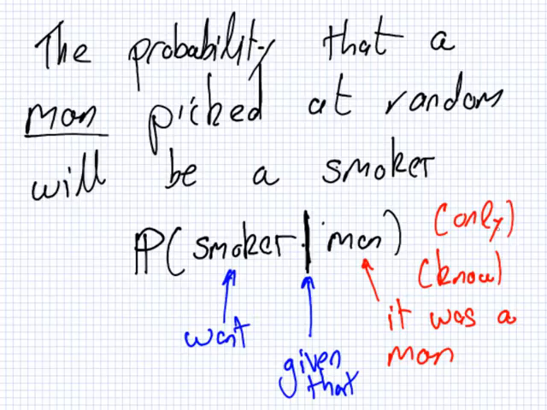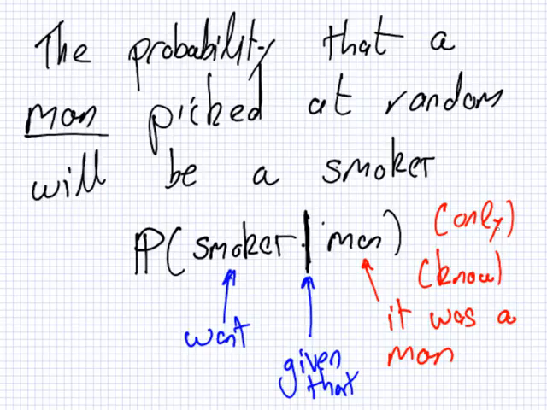So I would read this as, what's the probability of a smoker given that I know I'm choosing from the men? That he is already a man. Do you understand the symbol here? So this means given that, provided that, you know that, all these meanings.